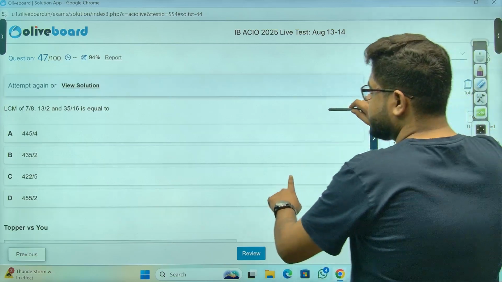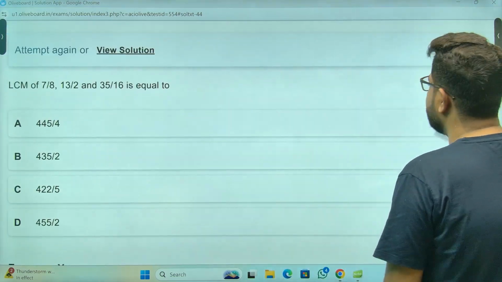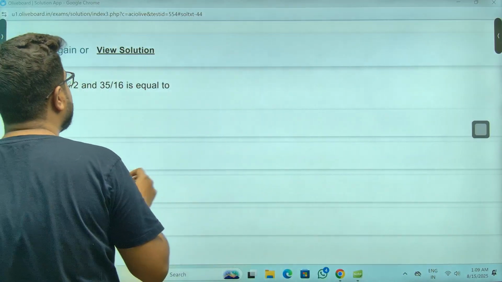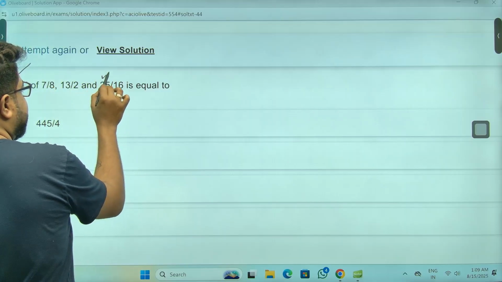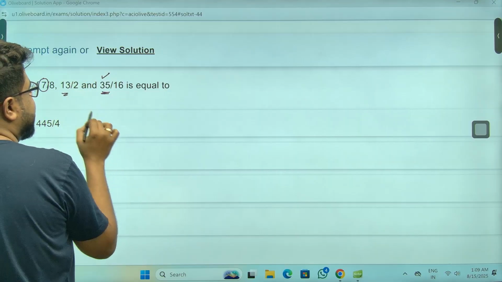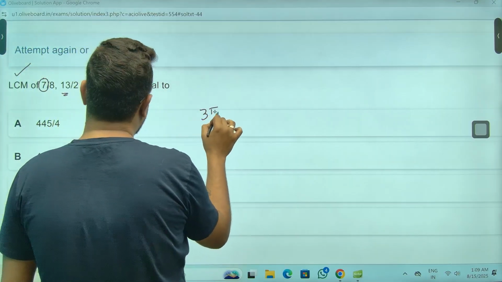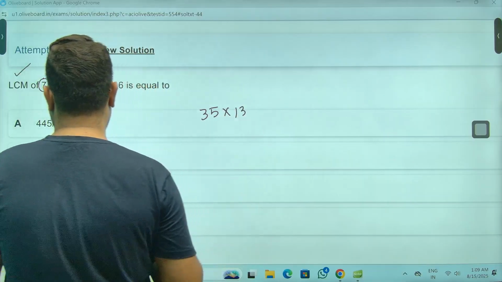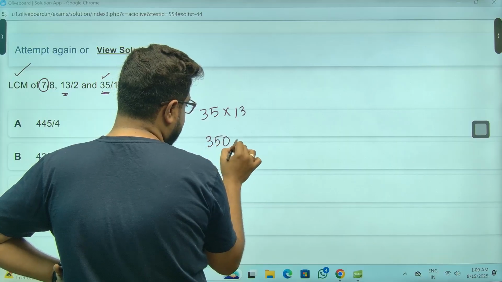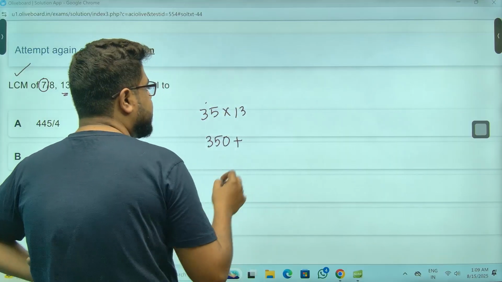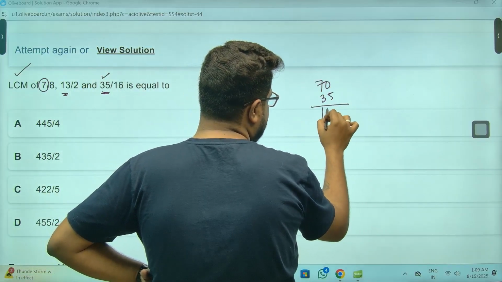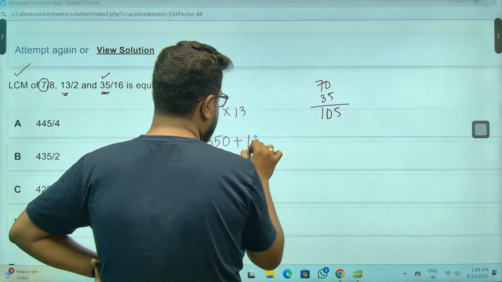Next one, sir. Take the LCM. If they are asking LCM, take the LCM of the numerators. If you have taken 35, no need to take 7. So it is actually 35 and 13. 13 is prime. So it is 35 into 13 only. 35 tens are 350, 35 into 3 is 105.